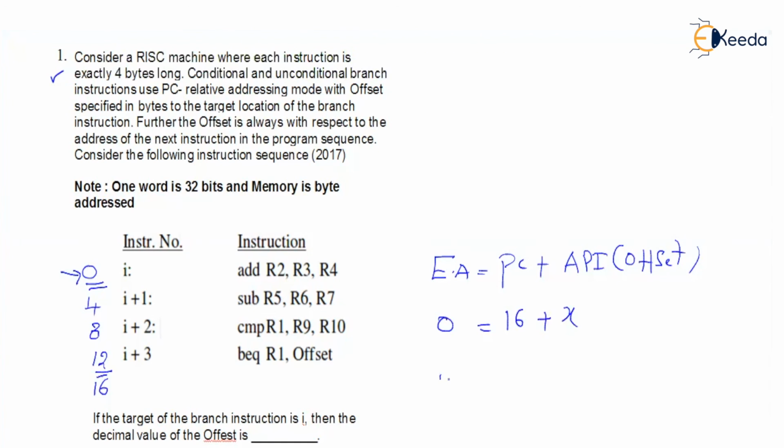Then x is equal to 0 minus 16, which is equal to minus 16. This is the answer. Minus 16 is the offset. If we put minus 16 in the offset part, minus 16 plus 16 is equal to 0, so the exact branch to the 0th location will be made.